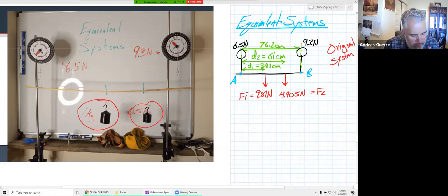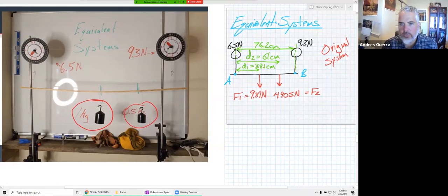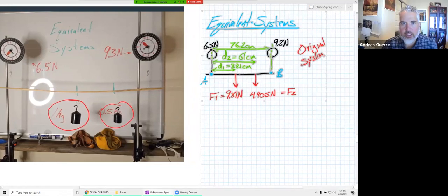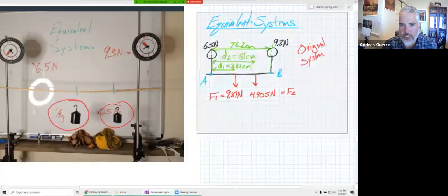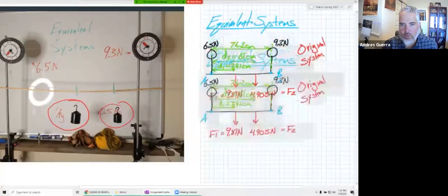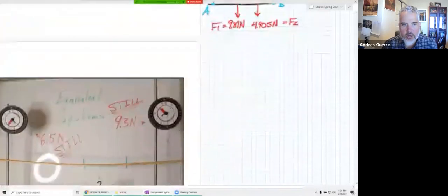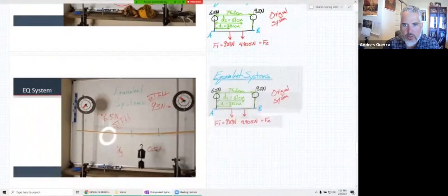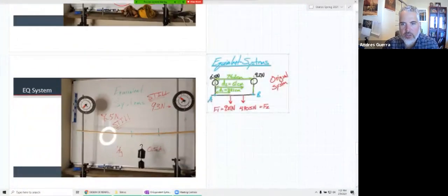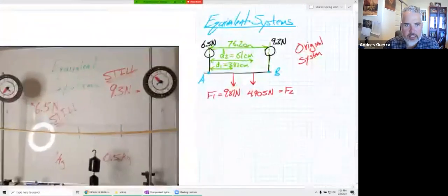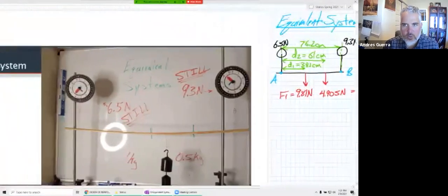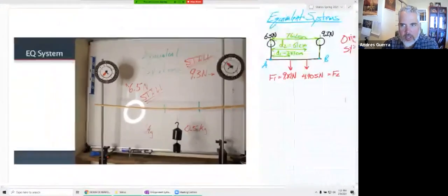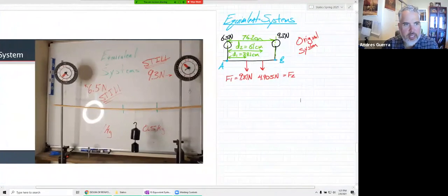Now, for our equivalent system, let me grab all this stuff and move it down so I can move it with our pictures here. What we're going to do for our equivalent system is take those two and replace them with this equivalent system.